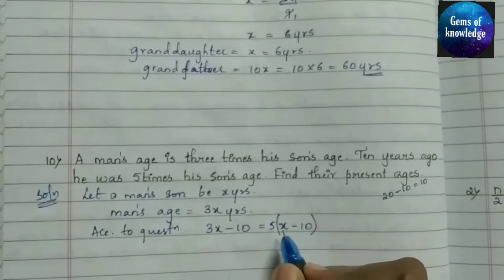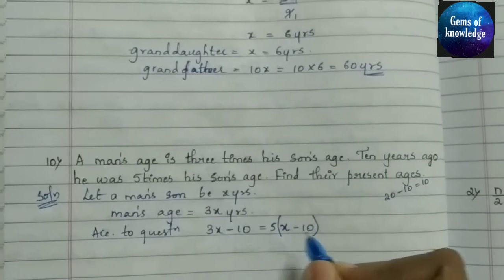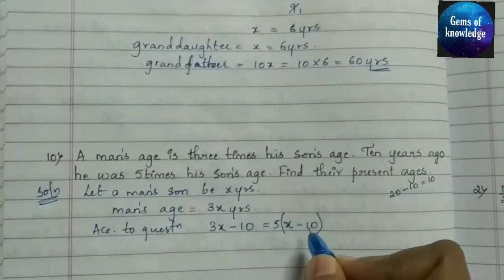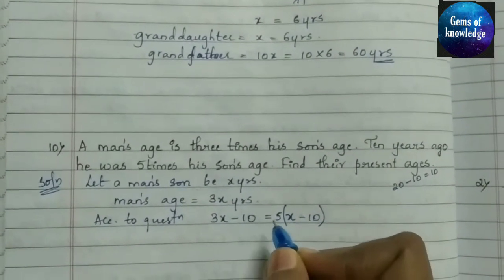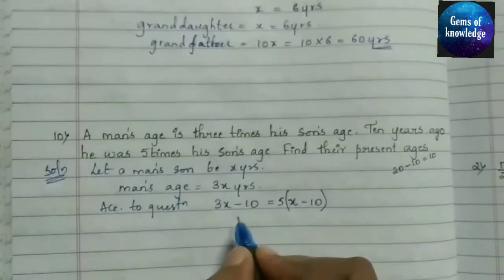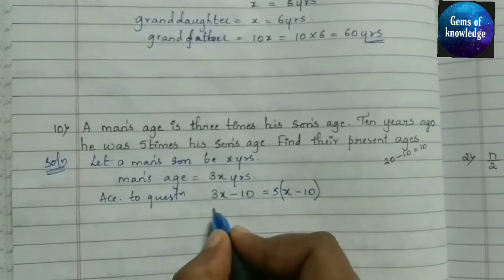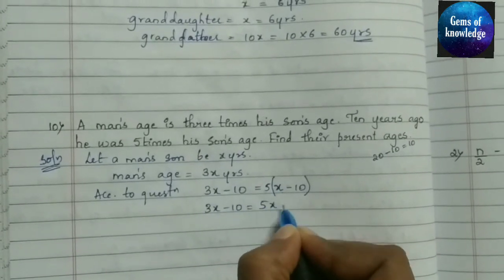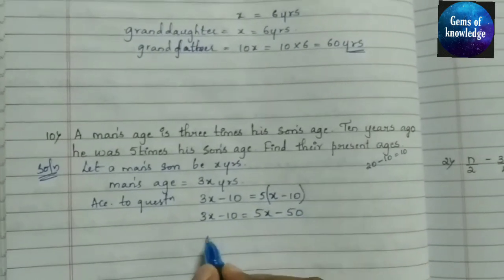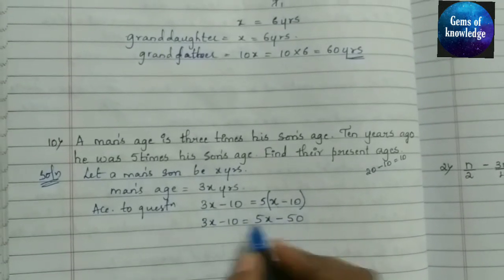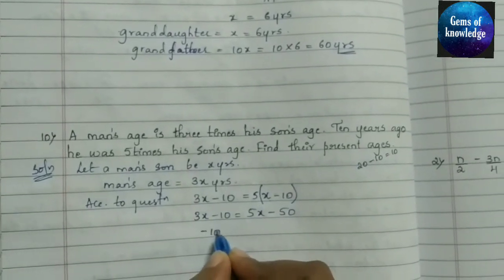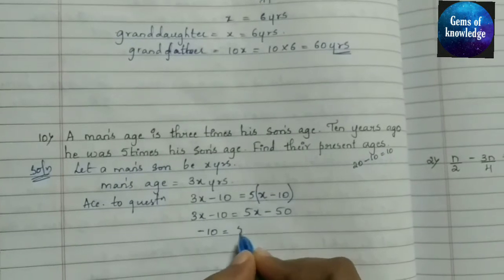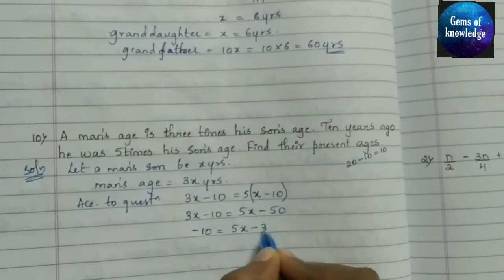So x is his son's age. Before 10 years, he was 5 times. Now we have to find the value of x. So 3x minus 10 is equal to 5 into x minus 10, that is 5x minus 50. Now let us take this 3x to this side, minus 10 will be as it is. So here we will get 5x minus 3x.